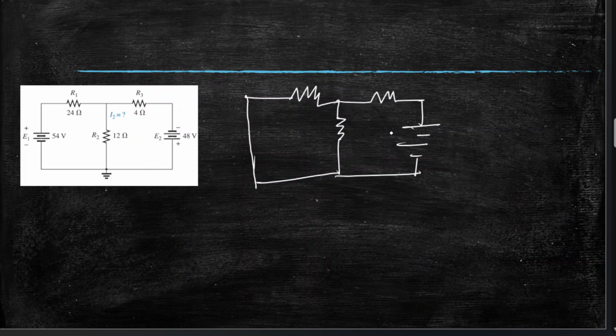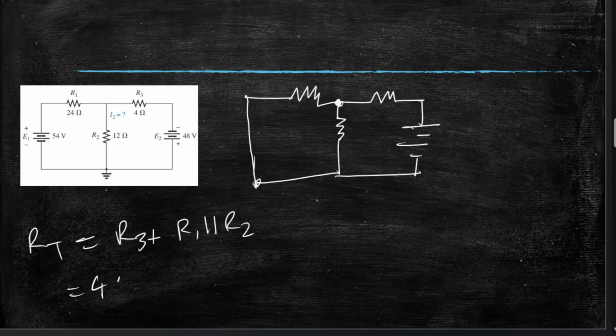Okay, now it's again a parallel circuit, but now R2 and R1 are in parallel and R3 is in series with them. So let's find the total equivalent resistance again. This time it will be R3 plus R1 parallel R2.